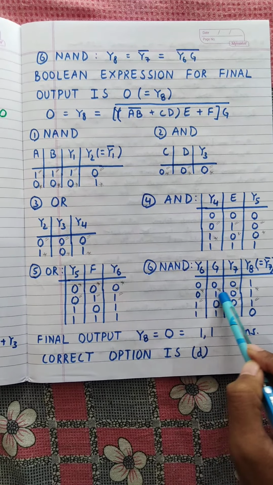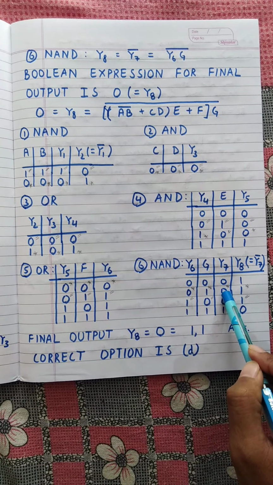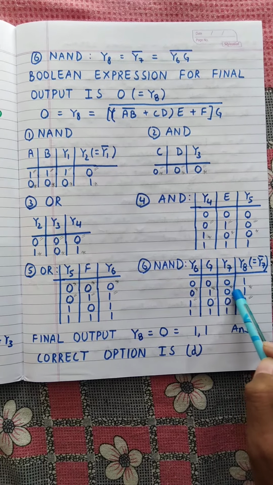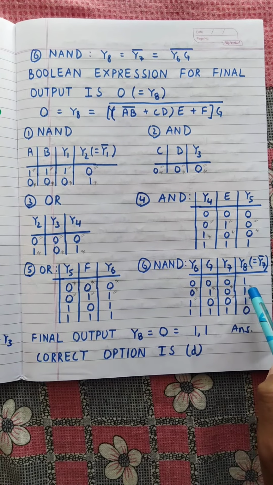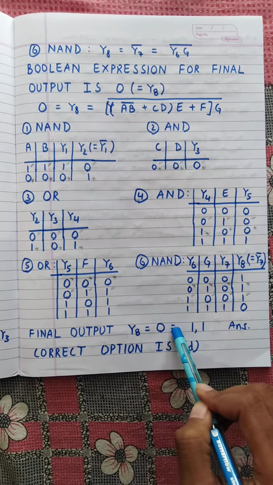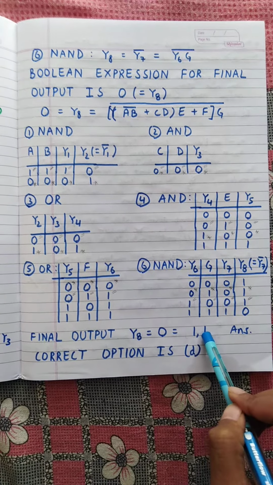So we choose this combination of inputs and outputs. Here y7 will be 0 and its inverse, because it is a NAND gate, will be 1, so the final output becomes 1. So the final output y8 for case 1 is 1 and for case 2 again it is 1.